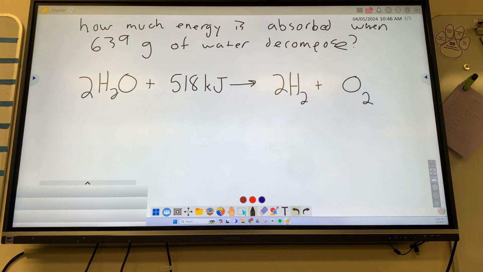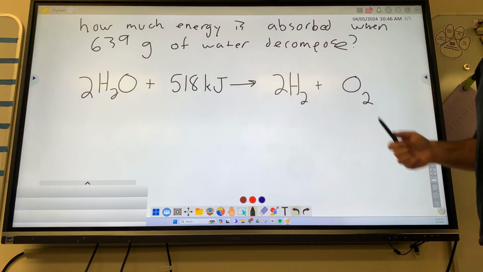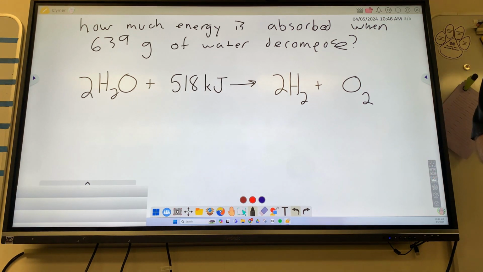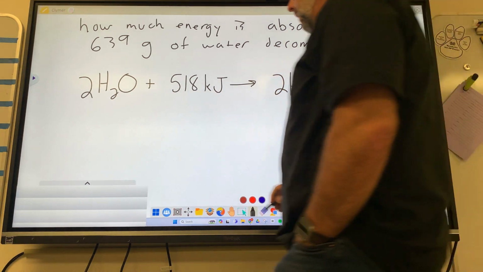Same bits and pieces, but we have to rearrange them because now we're not creating water, we're decomposing water into what it's made of. So your reaction is a little different. And you're right, because we're putting energy into the reactant side, your kilojoules will move to the left. And then to solve the question, now what do we do? What do we start with in our T-chart?